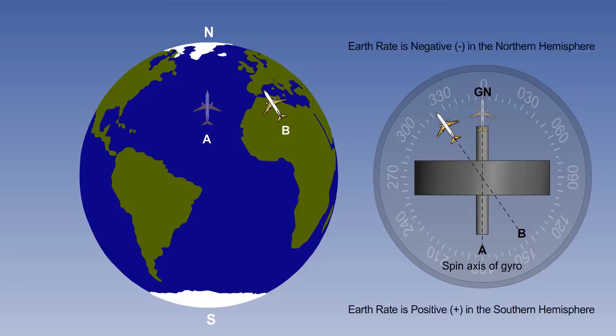Note that in the Northern Hemisphere there will always be a decrease, and for this reason the Earth rate is designated negative, or for mathematical purposes it is given a minus sign. In the Southern Hemisphere the opposite applies, and the Earth rate is designated positive and is given a plus sign. Remember though, neither our aircraft orientation on the surface of the Earth nor the spin axis orientation of the gyro have altered. It is the Earth rotation around its own axis which has caused the change.